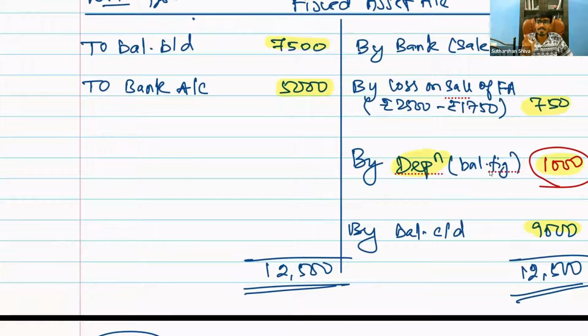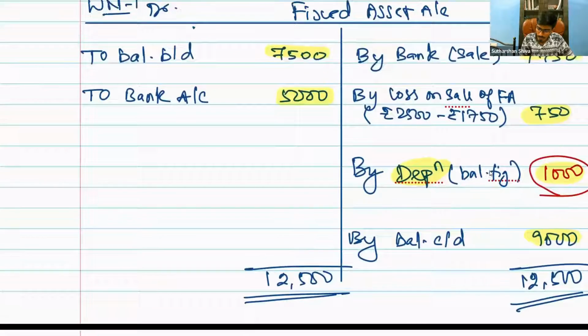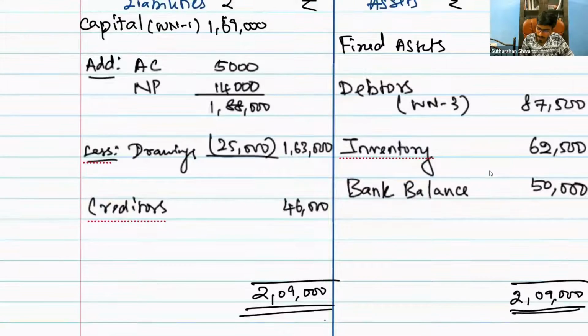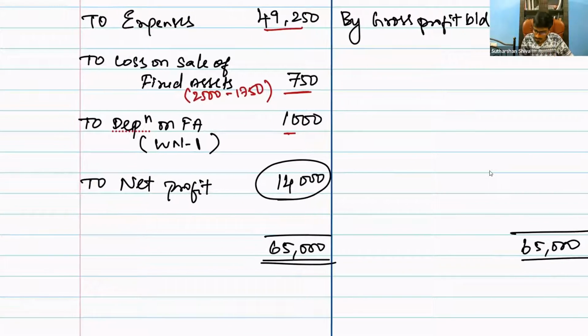It can be such that they give an opening balance, a closing balance, and a sales value, and you need to find out the depreciation value. In any way it can happen. So you will prepare that account and post it. You will post 1,000 in the depreciation. By preparing that simple working note number 1, you will come to a conclusion of a net profit of 14,000.